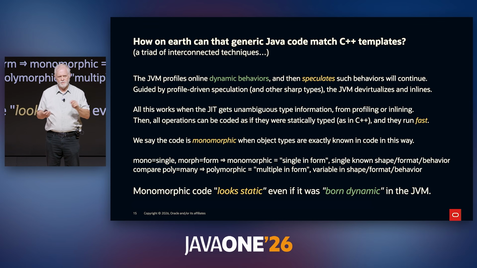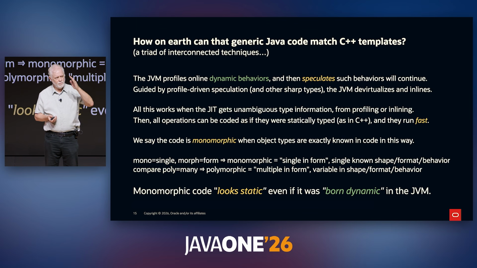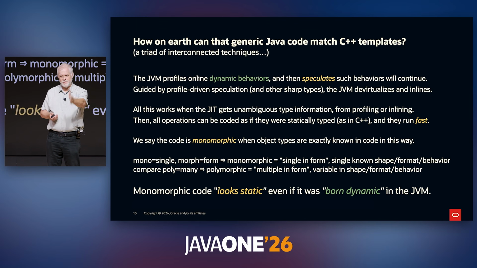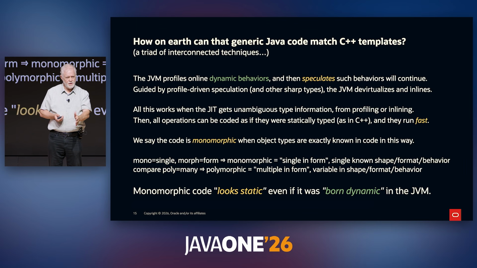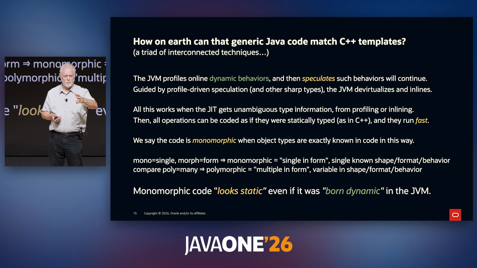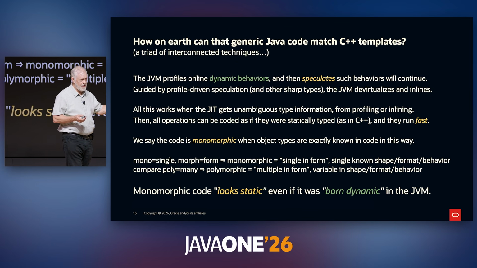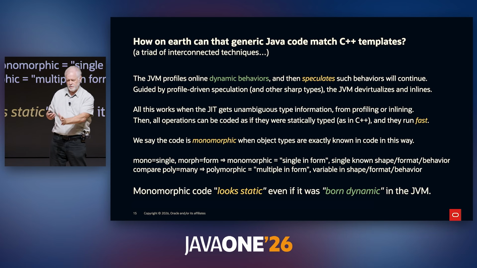Monomorphic code looks like it was compiled by a static compiler, even if it was compiled hours into a dynamic run of your machine. After classes were loaded, after profiles were formed, it still looks static. It might have been born dynamic, all this workload, but the code looks static.